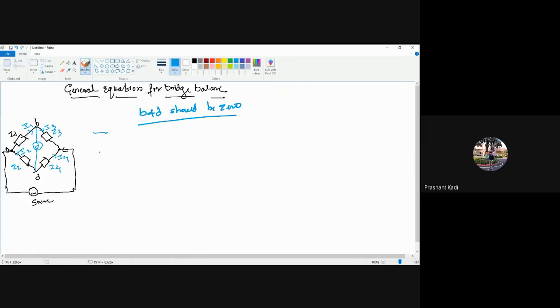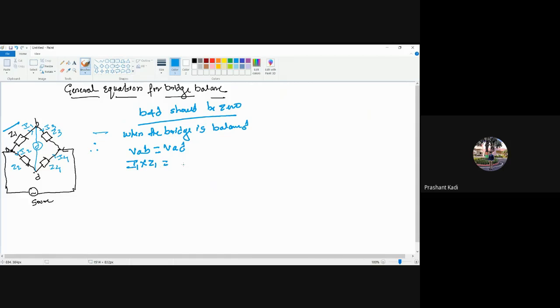So when the bridge is balanced, voltage VAB equals VAD. The current flowing through the first branch is I1 and the impedance of that branch is Z1.